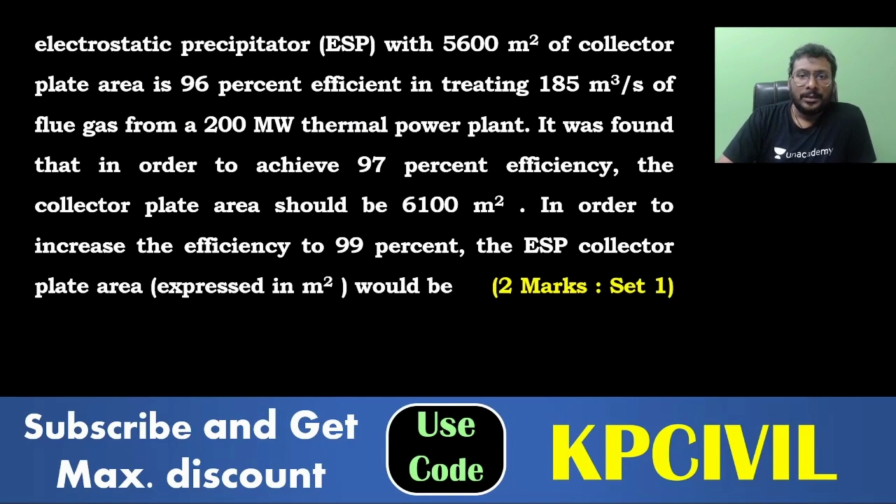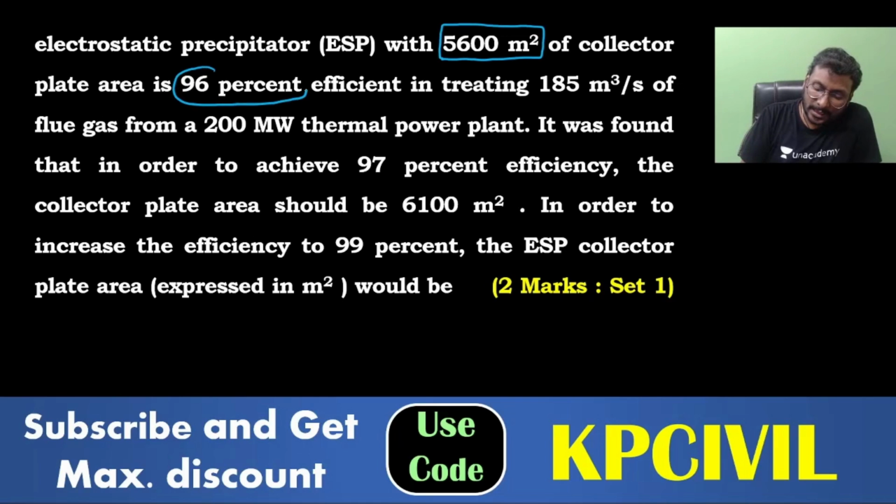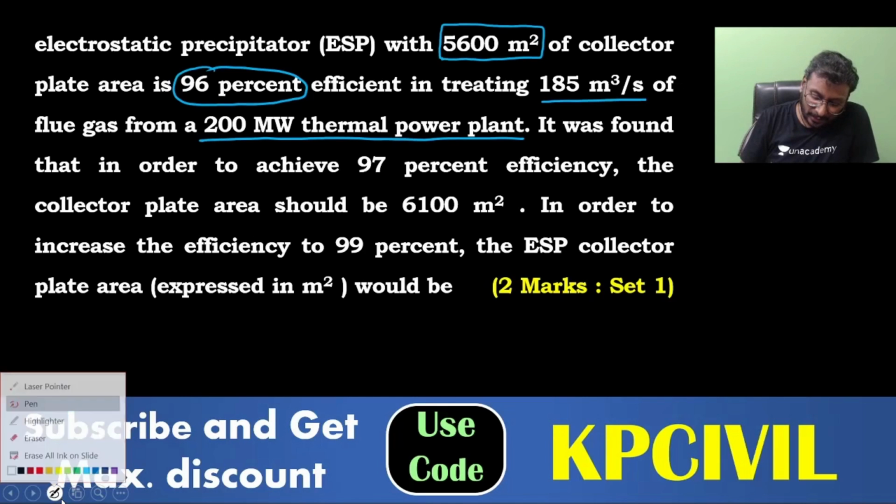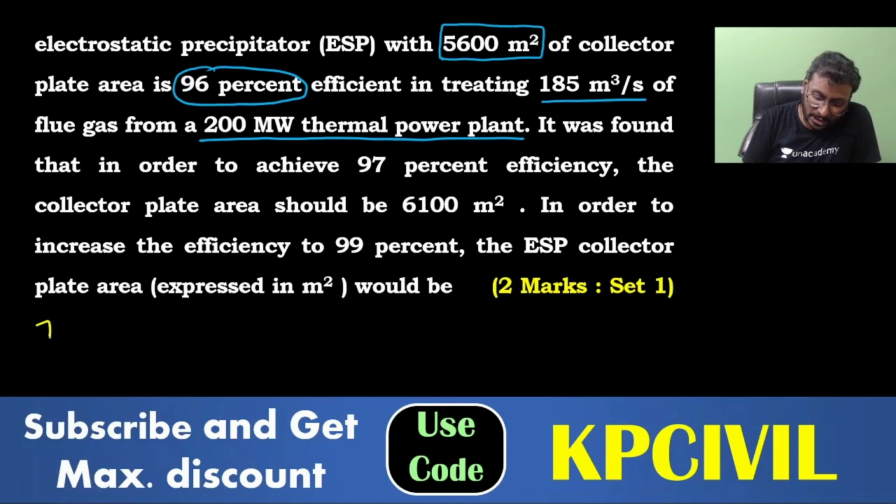Next one. An electrostatic precipitator with 5600 meter square collector plate area, 96% efficiency, treating 185 meter cube per second of flue gas from a 200 megawatt thermal power plant. Before reading the entire question, I will tell you the efficiency formula for electrostatic precipitator.